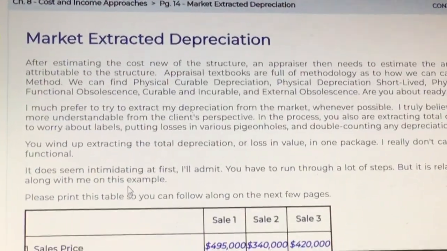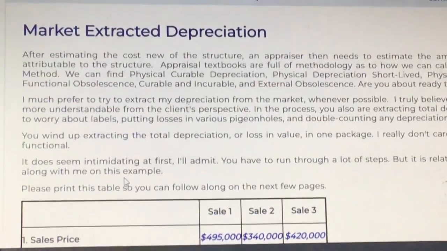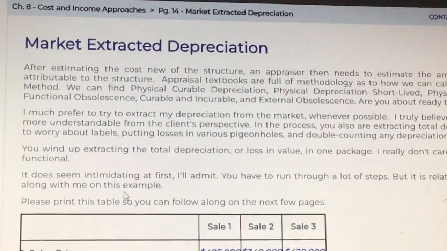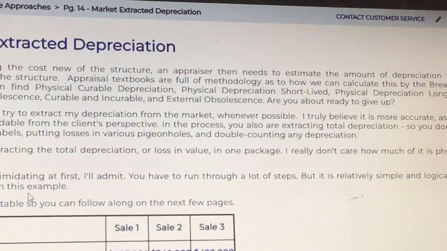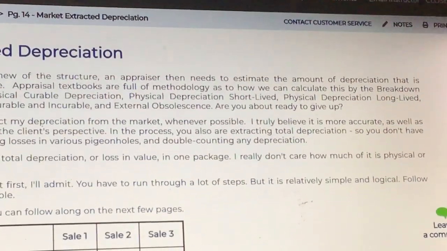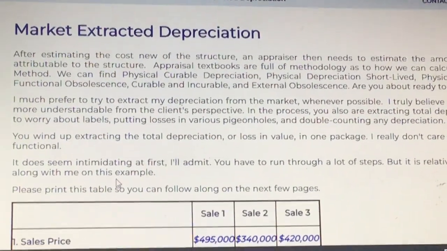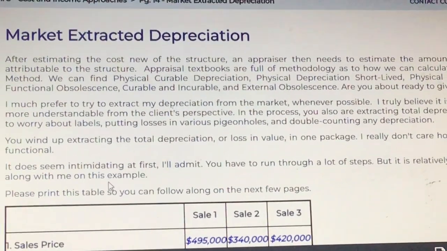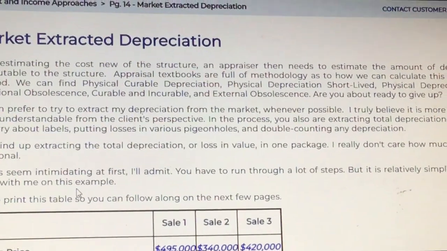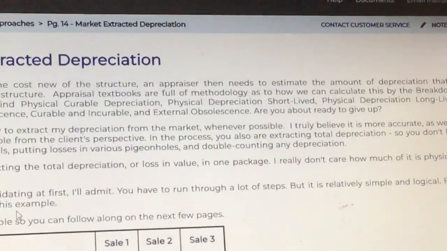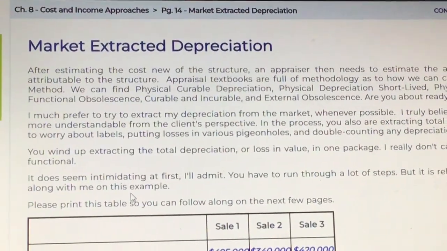Page 14, market extracted depreciation. After estimating the cost new of the structure, an appraiser then needs to estimate the amount of depreciation that is attributable to the structure. Appraisal textbooks are full of methodology as to how we can calculate this by the breakdown method.